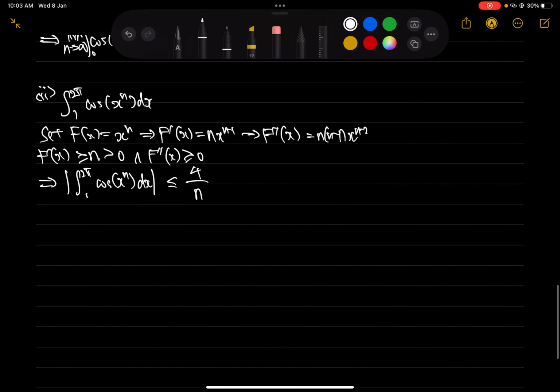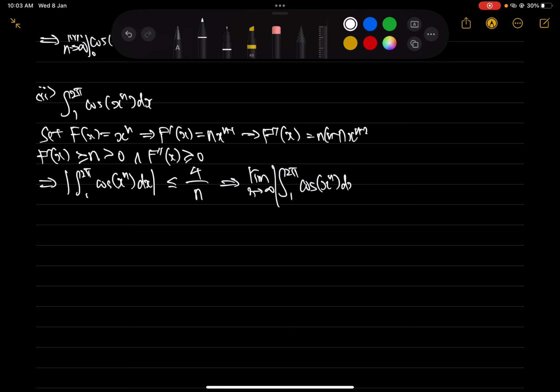Which implies the limit of this function is equal to 0, and obviously without the absolute value function it's also 0. And now we need this from 0 to 2 pi.